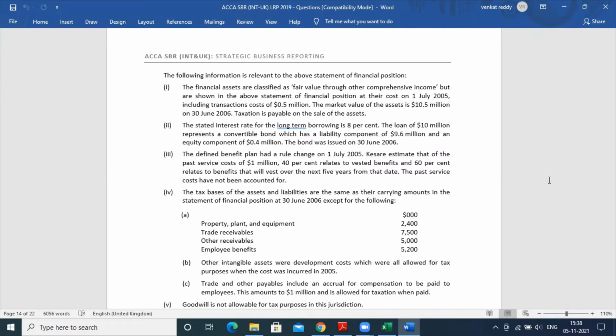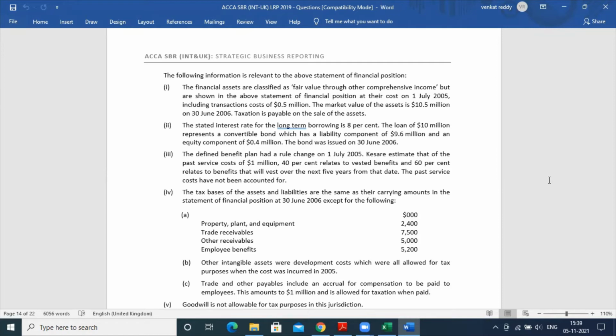So we can measure the financial asset as per fair value through other comprehensive income or fair value through profit or loss. But in this question, the financial assets are classified as fair value through other comprehensive income. But in the statement of financial position, instead of showing this at its fair value, the company showed it at its cost.